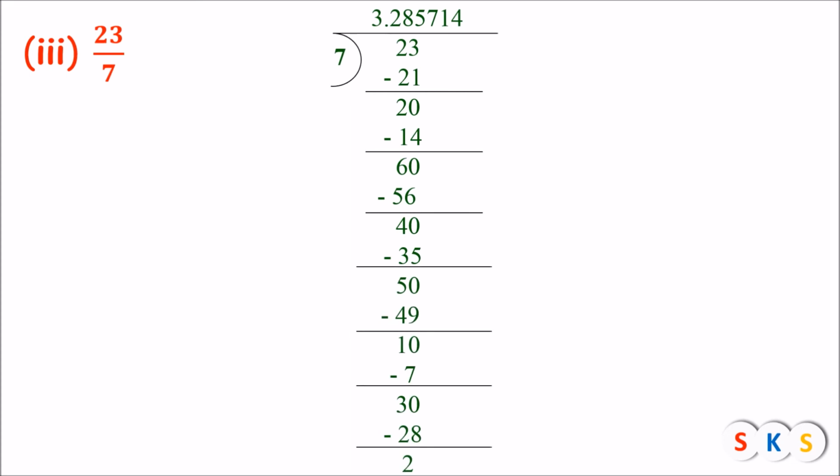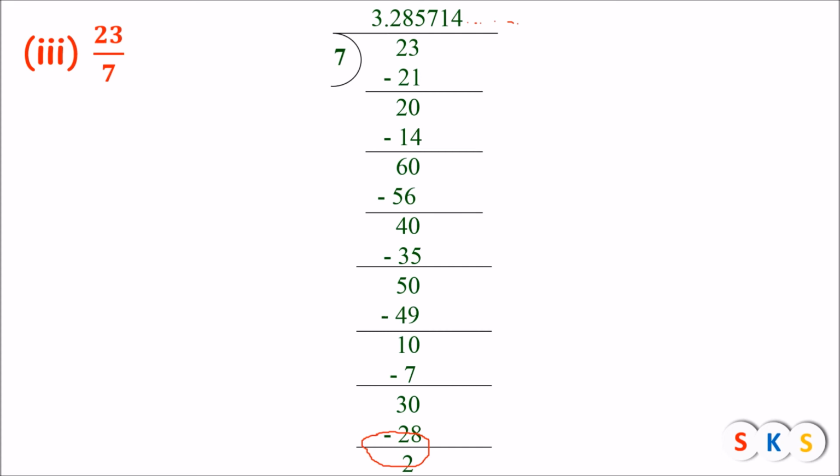23 upon 7. You can see the denominator is 7 and it's not easy to convert 7 into tens, hundreds or thousands. So here straight away we will divide 23 by 7. If we divide 23 by 7, the division never ends, and you can see here it will keep on going. You can see here we got 2, and we have already divided 2 before.